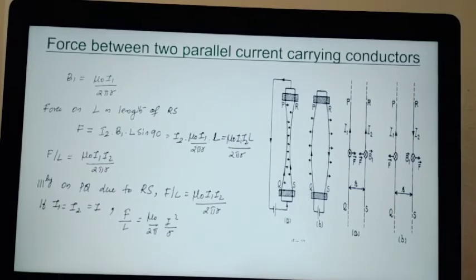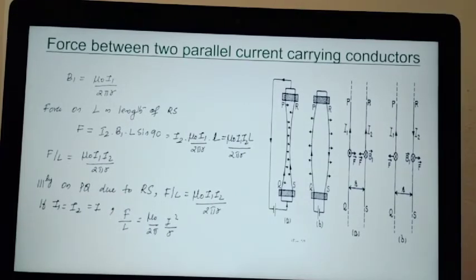Since I1 is the current in PQ, B1 is the magnetic field due to I1, given by B1 = mu0 I1 by 2 pi r. Both these conductors are infinitely long, and you are considering only a length L of both PQ and RS.